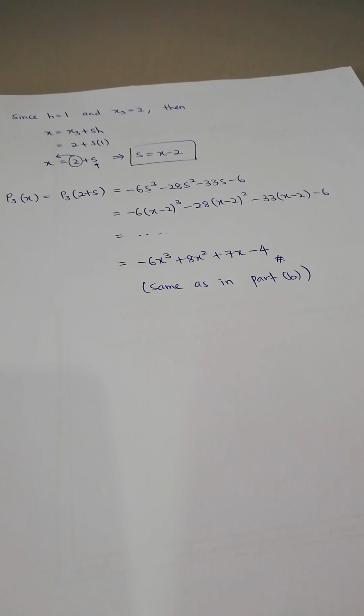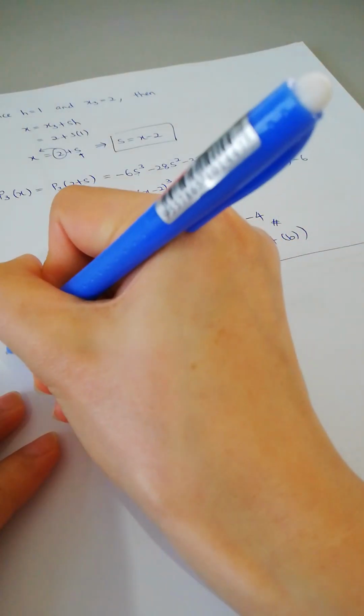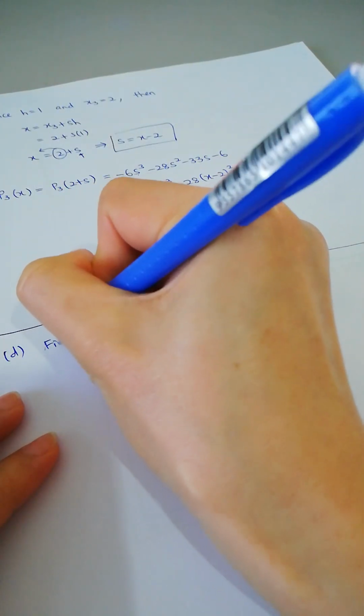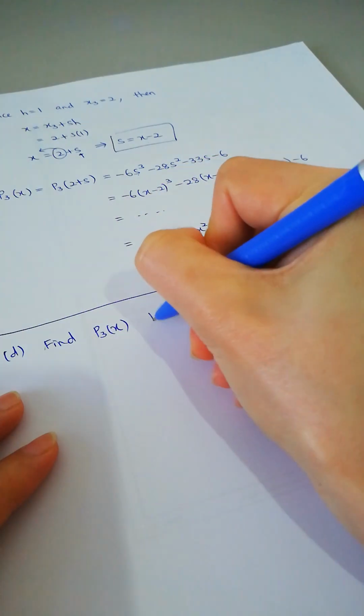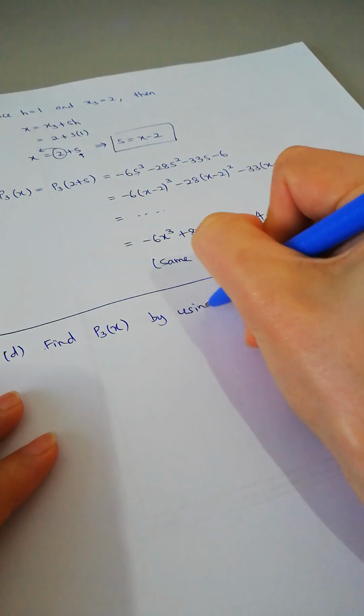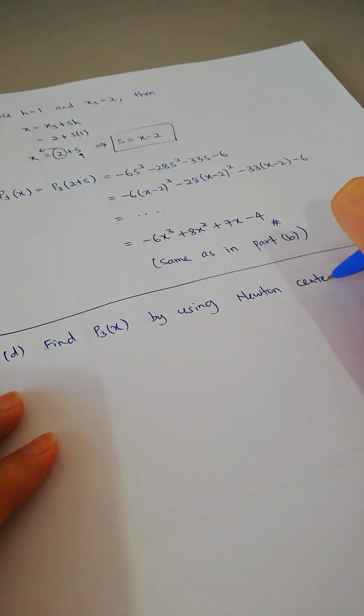So now let us move on to part D. Part D is you need to find the p3 x by using Newton centered difference.